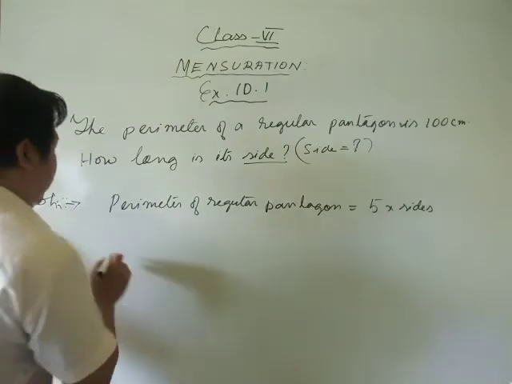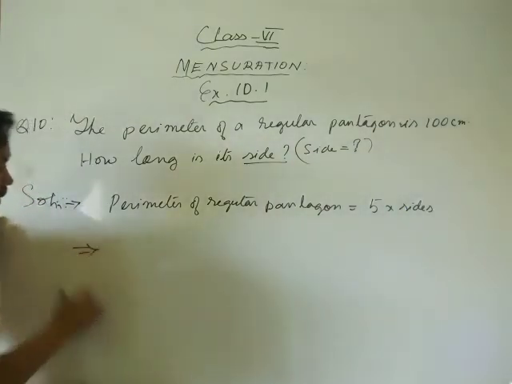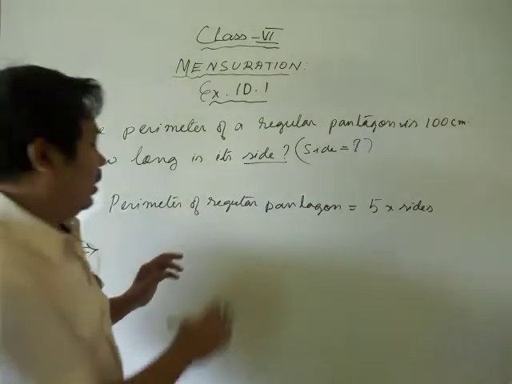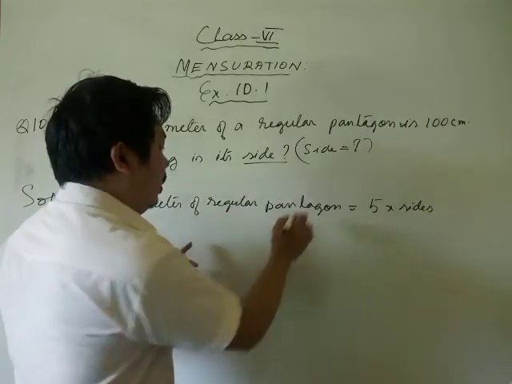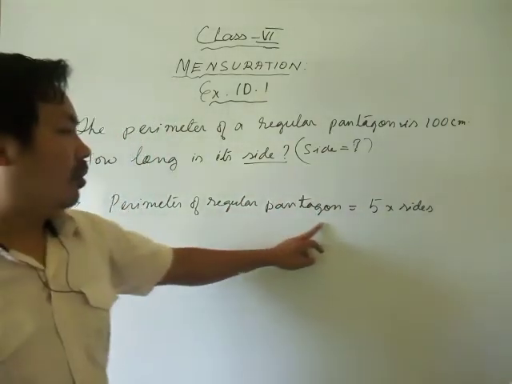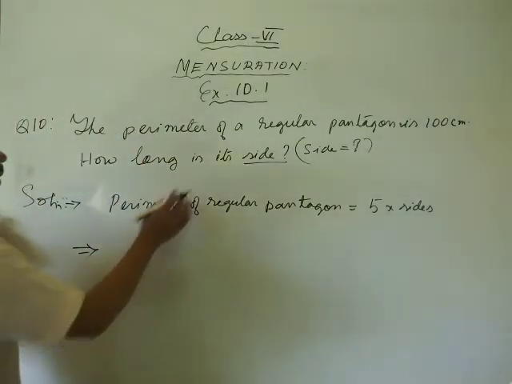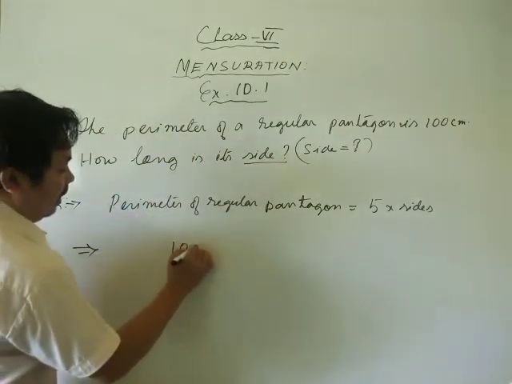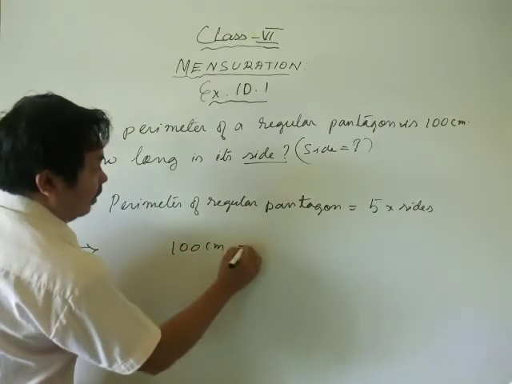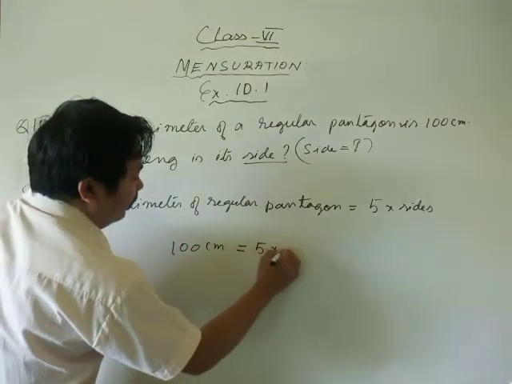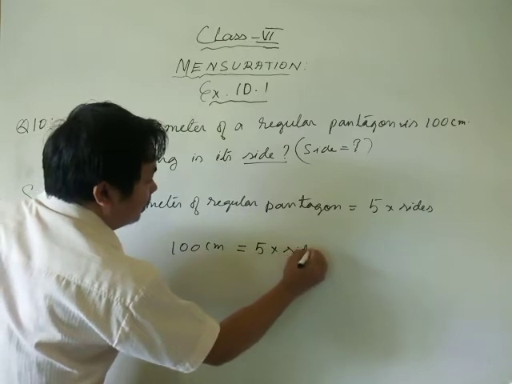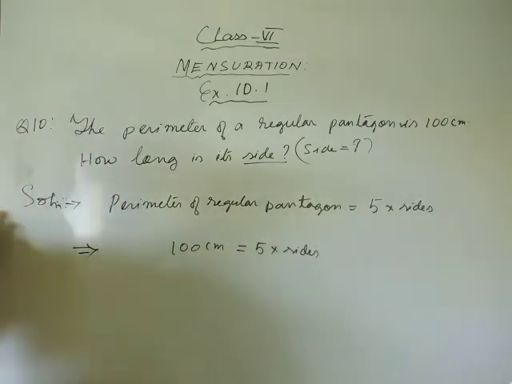So what happens? It implies that the perimeter of a regular pentagon is equal to 5 into side. The perimeter is given as 100 centimeter, so 100 centimeter equals 5 into side.